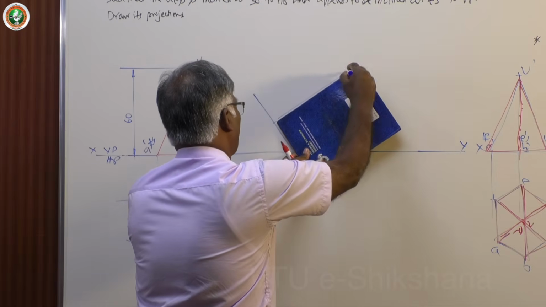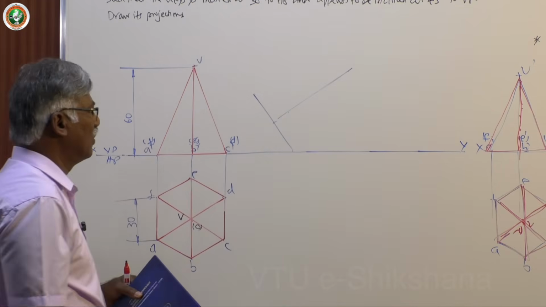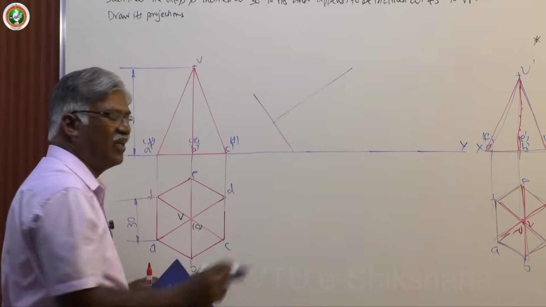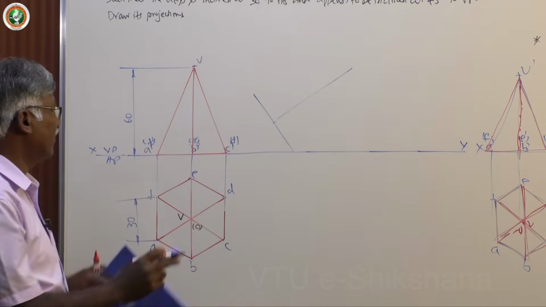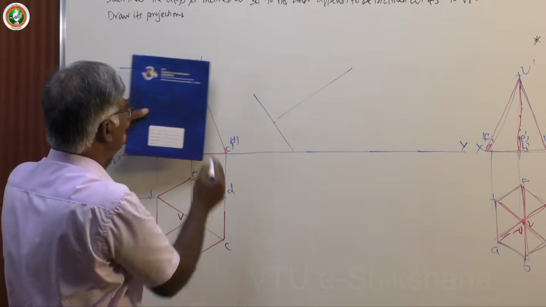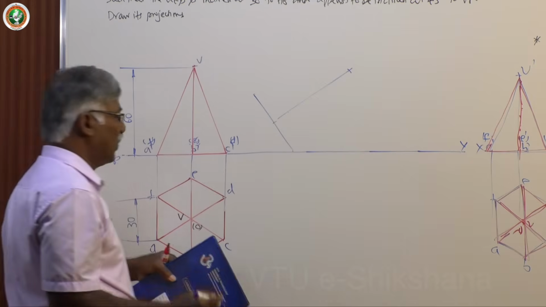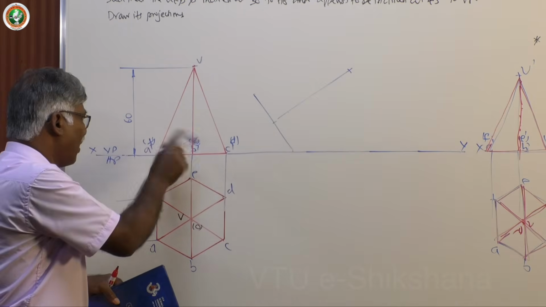Manually you can use a set square or small protractor to give the height of the solid. Height of the solid is 60. So it is available now. Take height of the solid 60. But people use the arc method also.